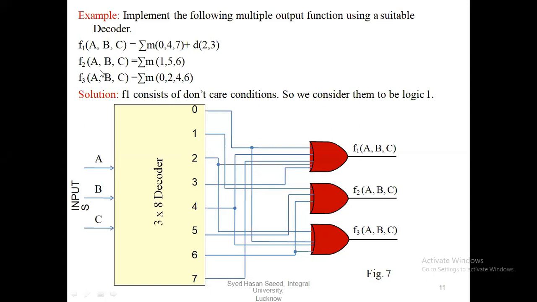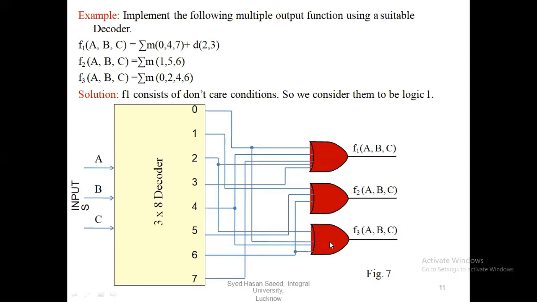So here F1 of A, B, C, that is the F1 function requires 0, 4, 7. So we have to give 0, 4 and 7. F2 is equal to 1, 5, 6, so 1 is one input connection, and 5 also and 6 also.